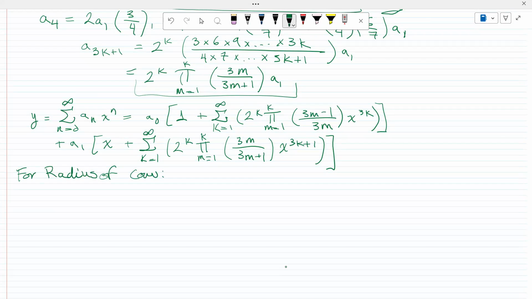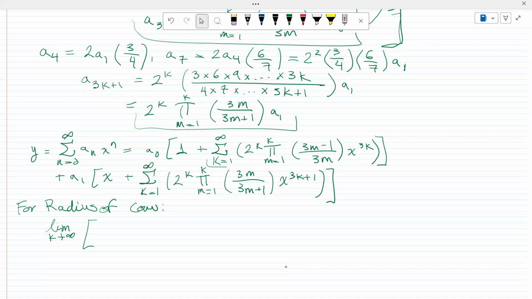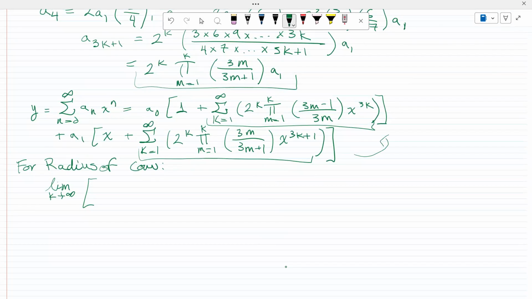So for radius of convergence, we have the limit as k approaches infinity of, you take each of these individual relations, and then you check the radius of convergence for both of these series here. So we have a_{3k+1} times x^(3k+1) divided by a_{3k} x^(3k).